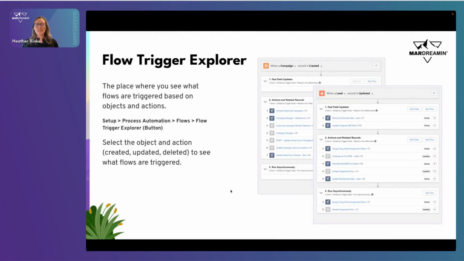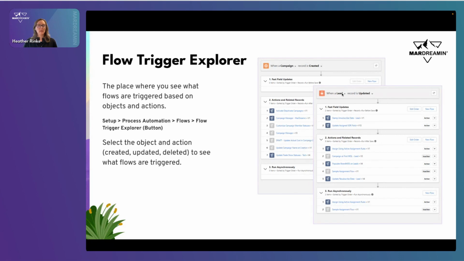I think this might be the last tip, which is Flow Trigger Explorer. When you're on your flows page, next to the new flow button is a Flow Trigger Explorer button. This is a great way to see all of the triggered flows that are set up in your org, by object and by event. So if you're thinking, well, I think we need a flow for when a lead status changes or something like that, you can go in and take a look.